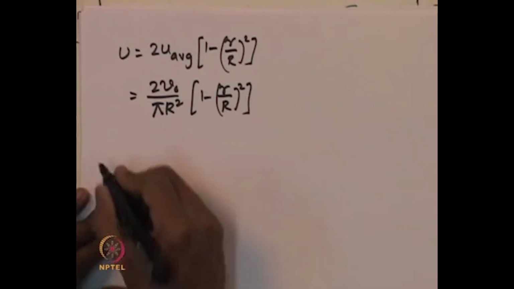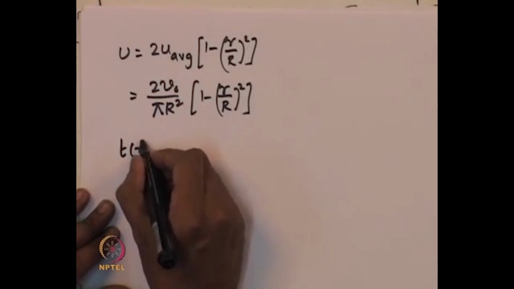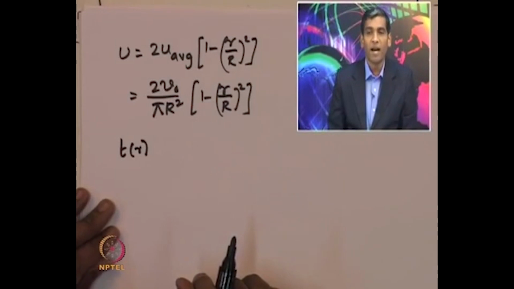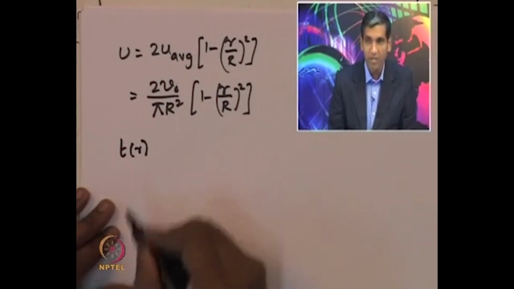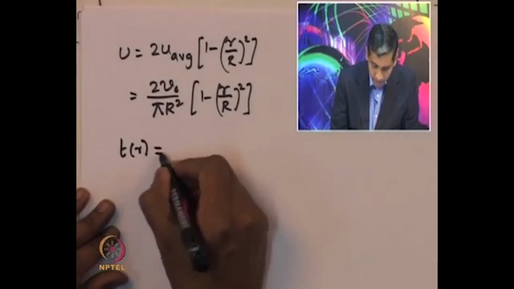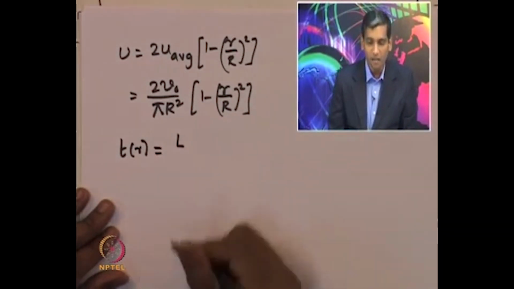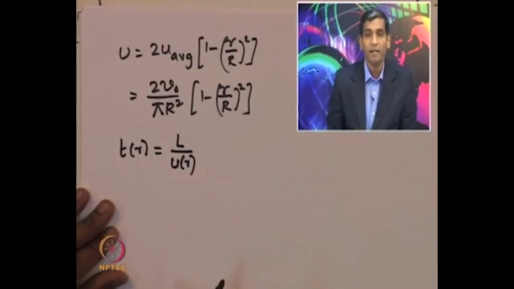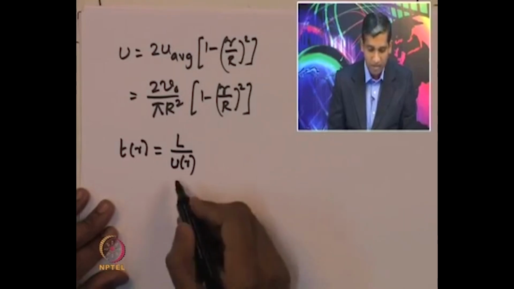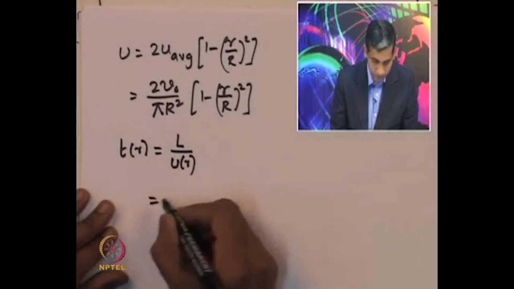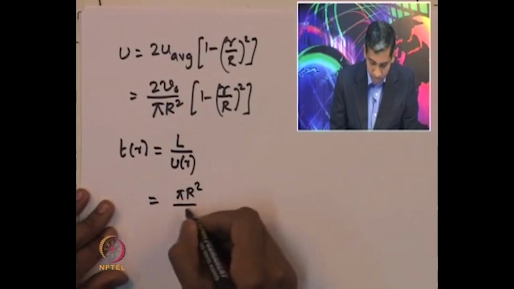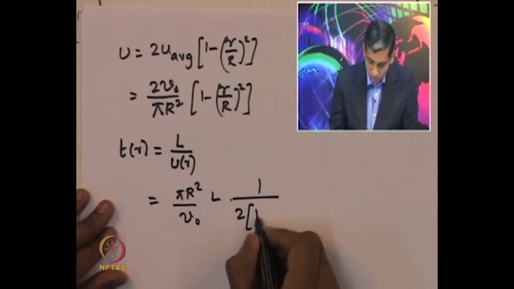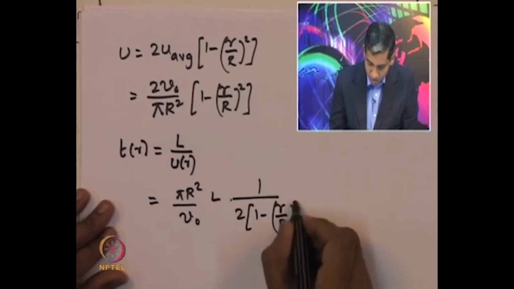So, that is the expression for the velocity with which the fluid is flowing as a function of the radial position. Now, we can estimate the time that is spent by the fluid particles entering at a given location r. That is given by the length of the reactor L divided by the velocity at that radial location r, which is u of r, and that is given by pi R square by V naught into L into 1 by 2 times 1 minus r by R the whole square.